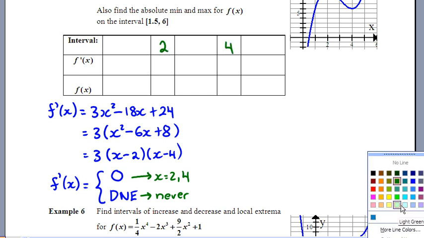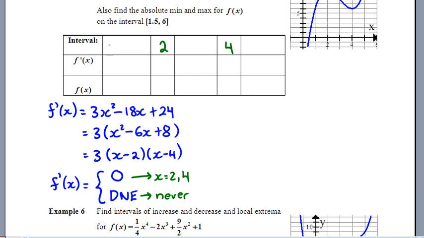2 cuts separates the number line into 3 pieces. I have the number line from minus infinity up to 2, between 2 and 4, and then after 4 out to forever. I want to figure out what the derivative is doing on those intervals, before and between and after the 2 and 4.